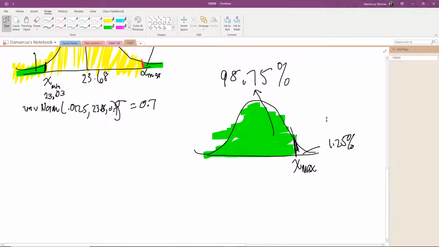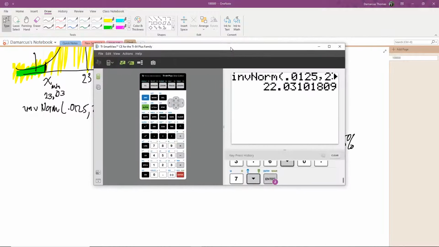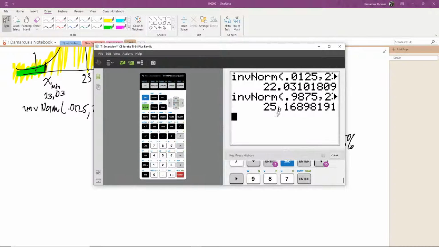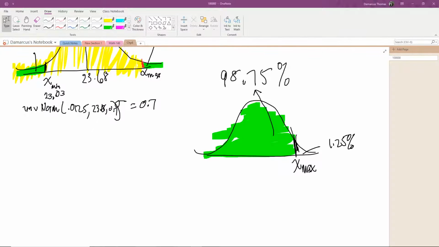So I'm going to use 98.75 for my inverse norm. Here we go. I could just do a second recall. Second entry, and I'm going to put in 98.75. And I got 25.17.